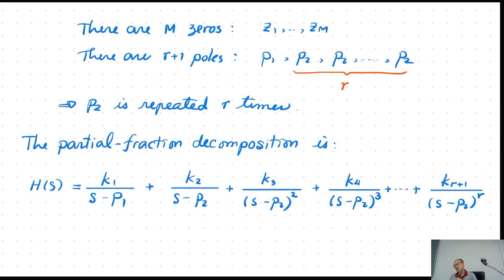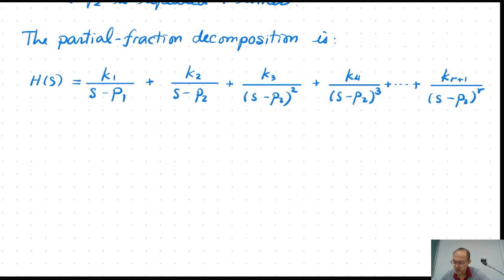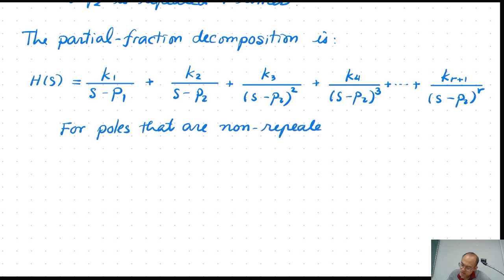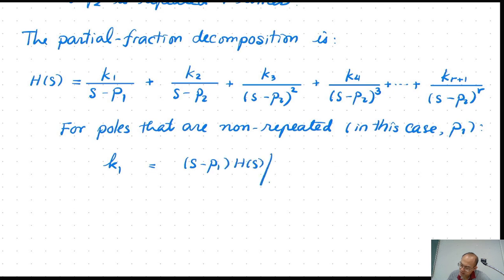Now, to determine the K's, K1 for poles that are non-repeated, in this case p1, you can determine K pretty easily by multiplying (s minus p1) by H(s) and then plugging in s equal to p1.